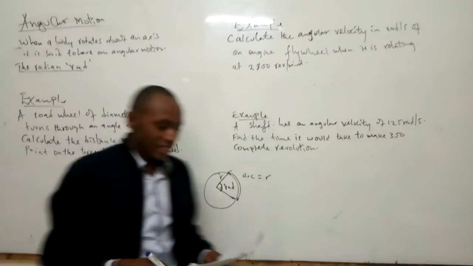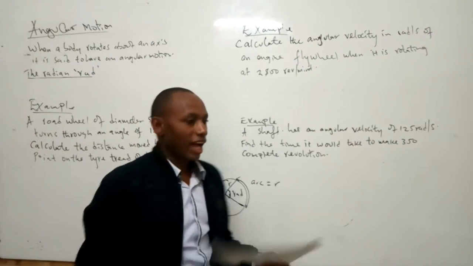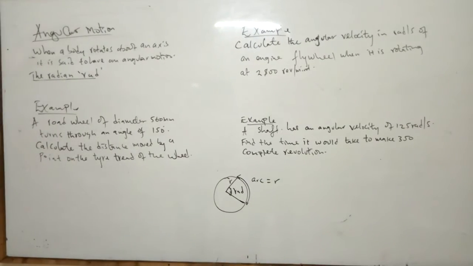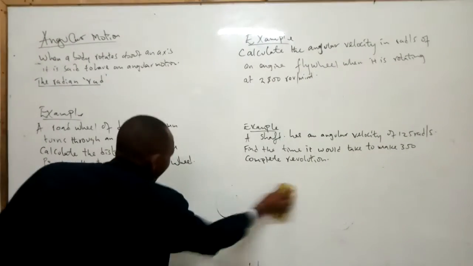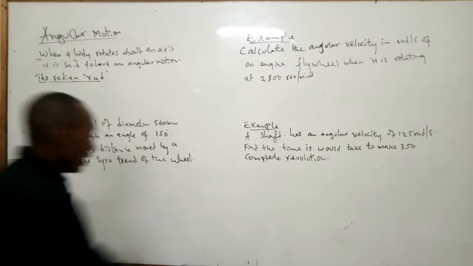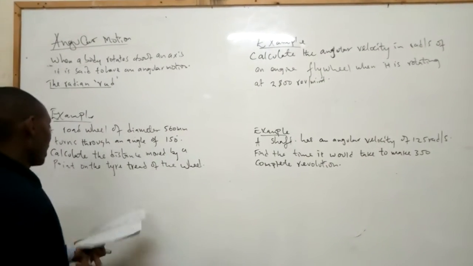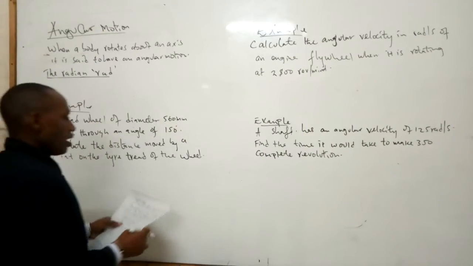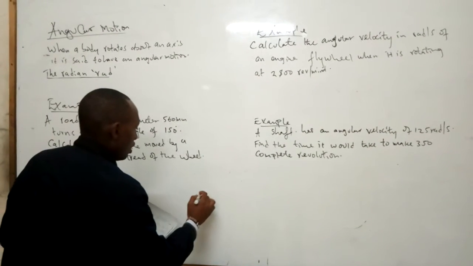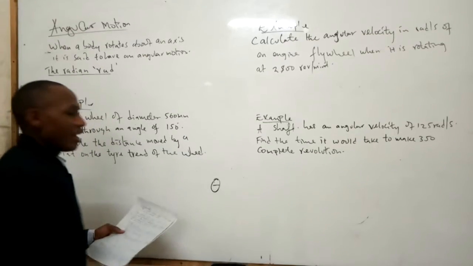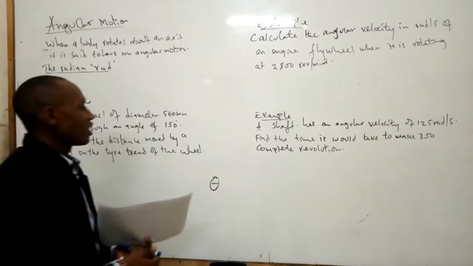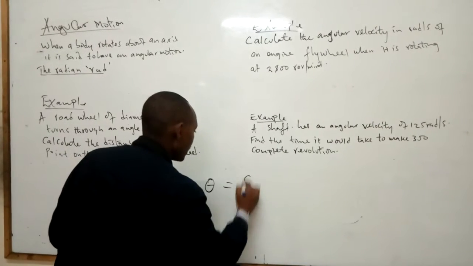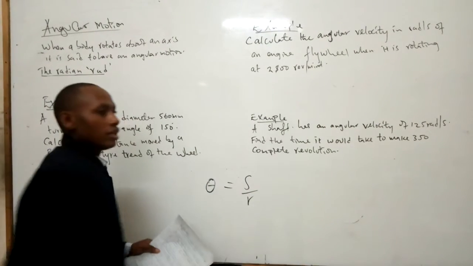Then from there, let us discuss the length of an arc. The angle theta in radians subtended at the center is equal to the displacement s over the radius r.